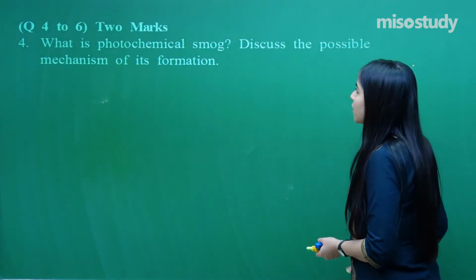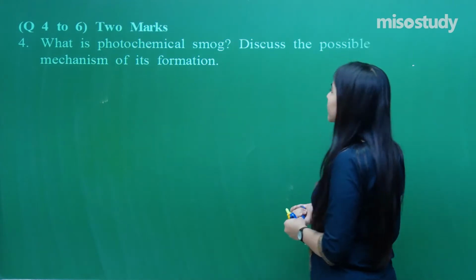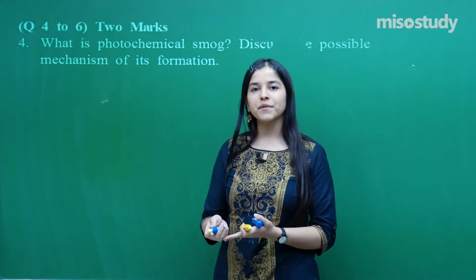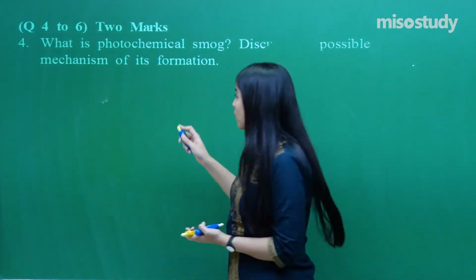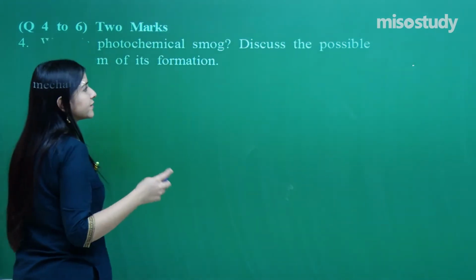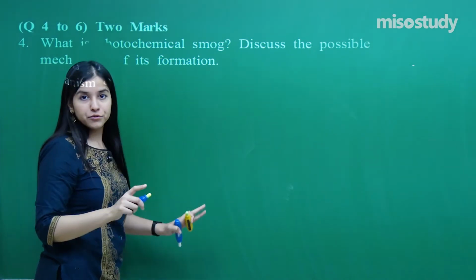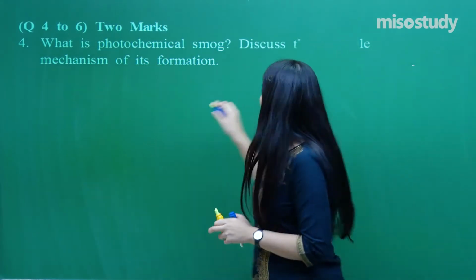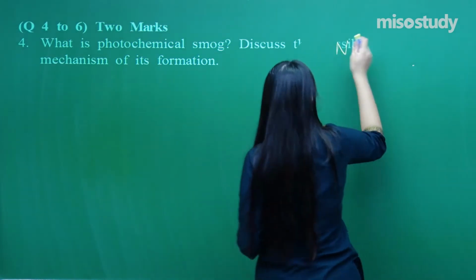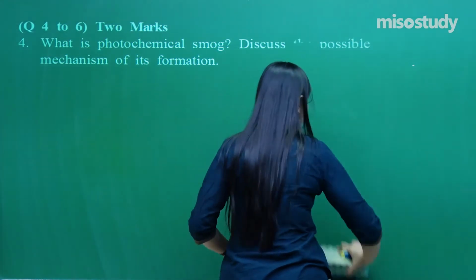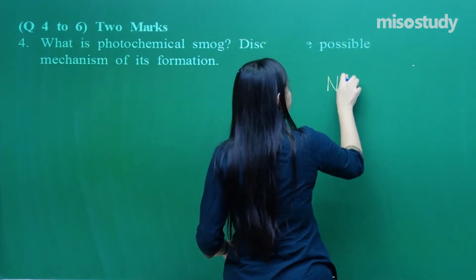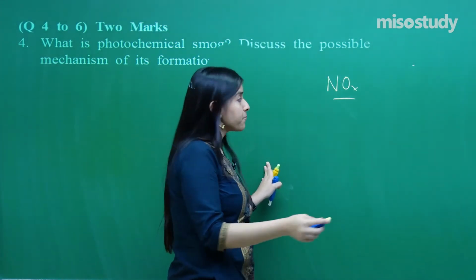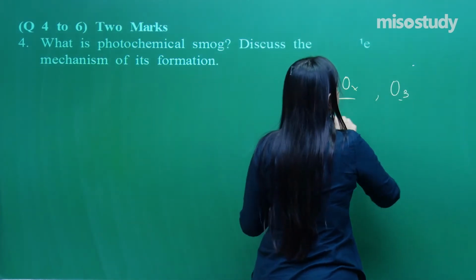Next one. What is photochemical smog? Discuss the possible mechanism for its formation. Photochemical smog arises due to certain important pollutants: nitrogen oxides, NO, nitrogen dioxide, along with O3.